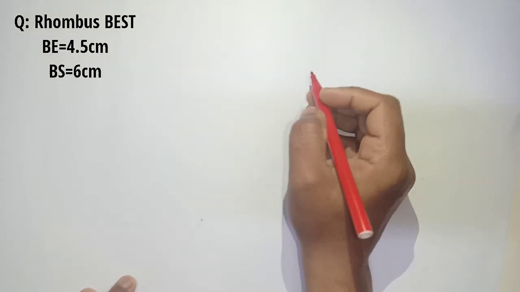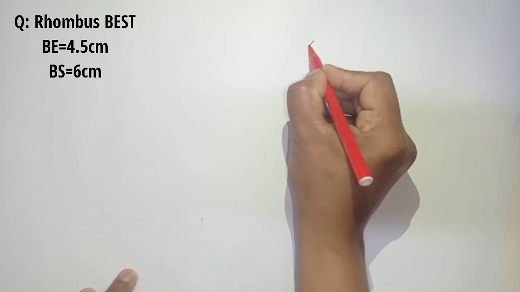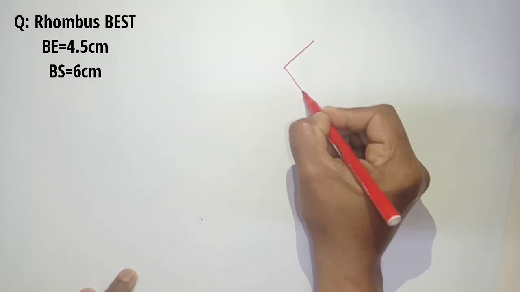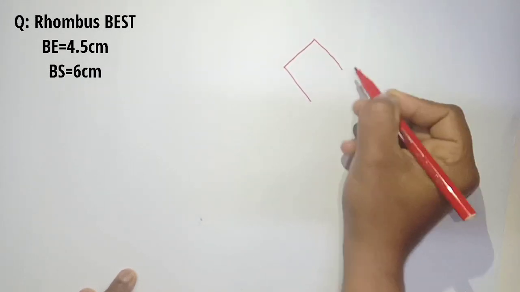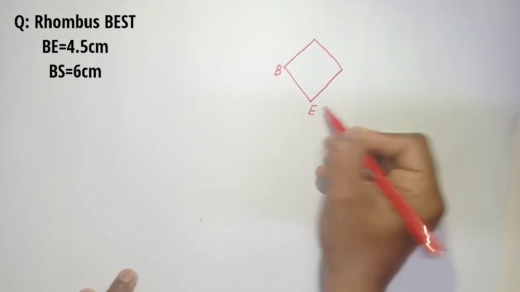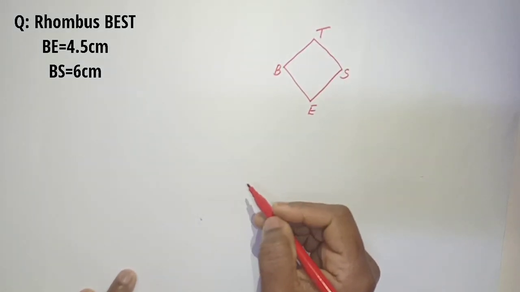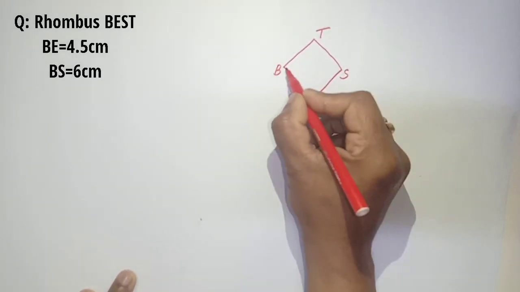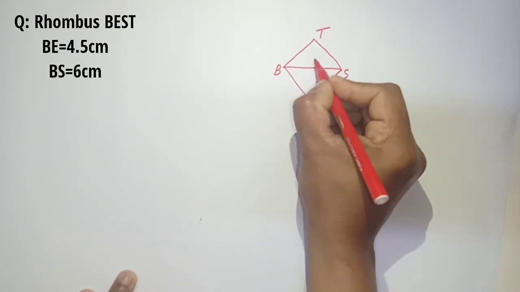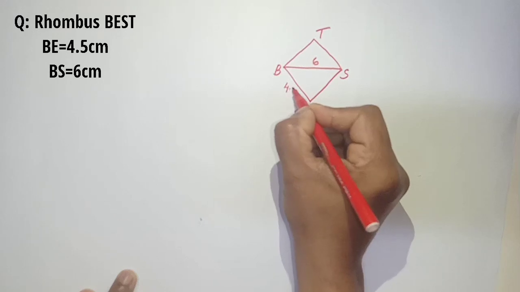First we have to draw the rough sketch. Rhombus BEST, all sides are equal. And BS is equal to 6 centimeter, and one side is also given, 4.5 centimeter.